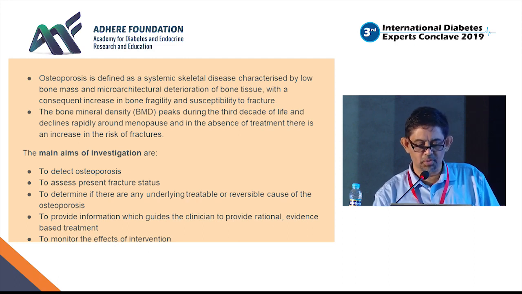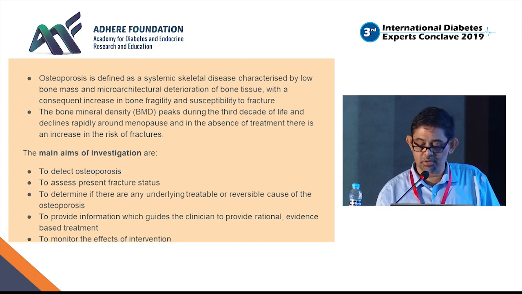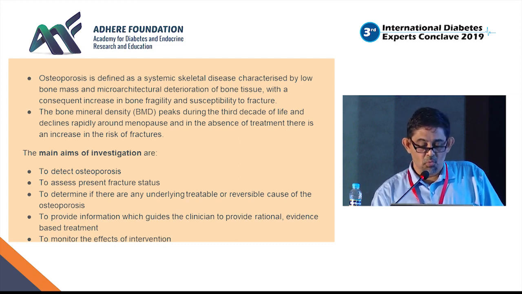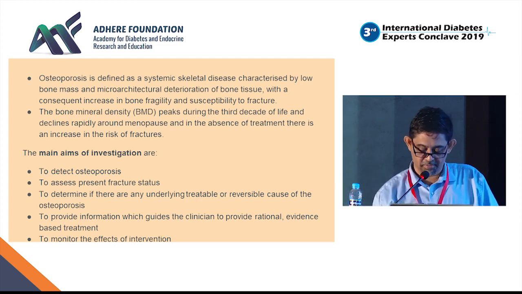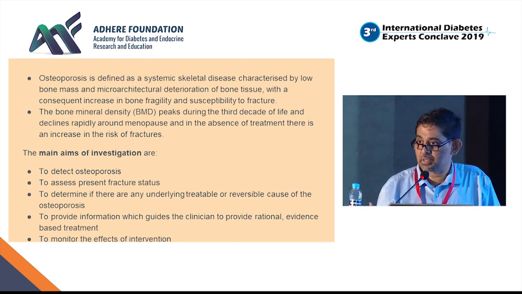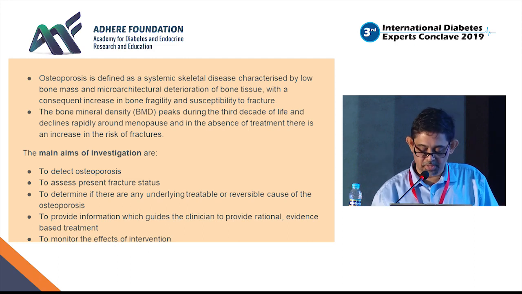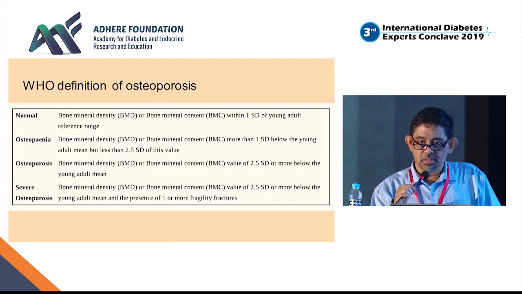We also need to know whether there's any underlying treatable or reversible cause, the so-called secondary causes for osteoporosis. We need to know some guidelines that we clinicians need to have as to which patient is a candidate for which kind of treatment. And finally, we need to know whether our medicines are working, and that also requires some investigations.